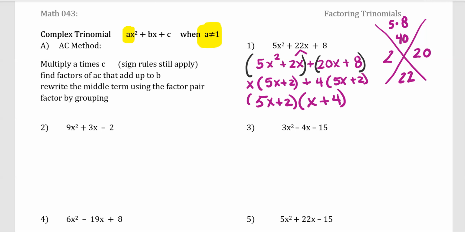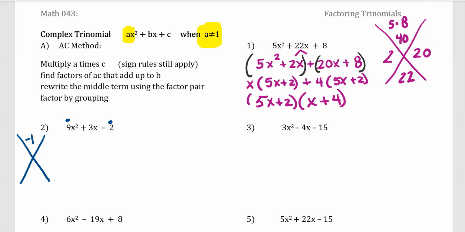So we're just going to repeat these steps, keeping in mind when a is not 1, you must multiply a times c, and the sign matters. So for number 2, a is 9, c is negative 2.